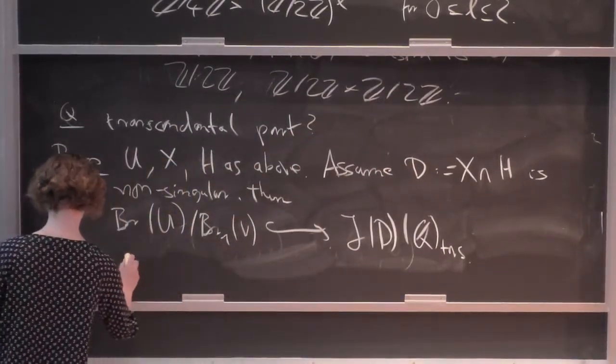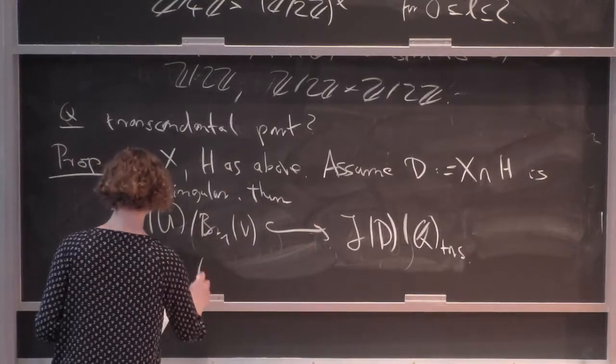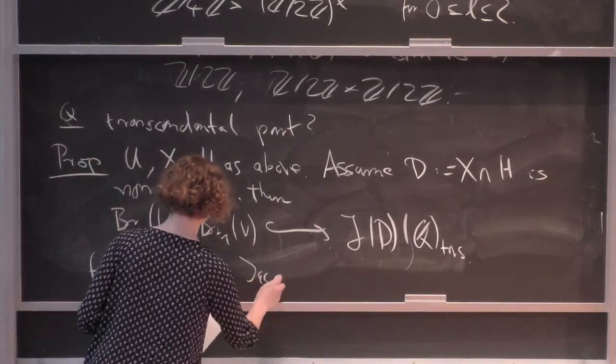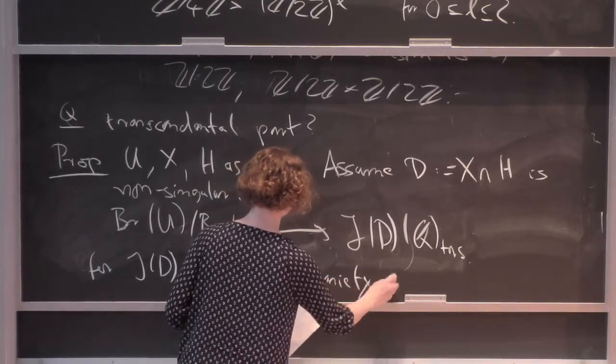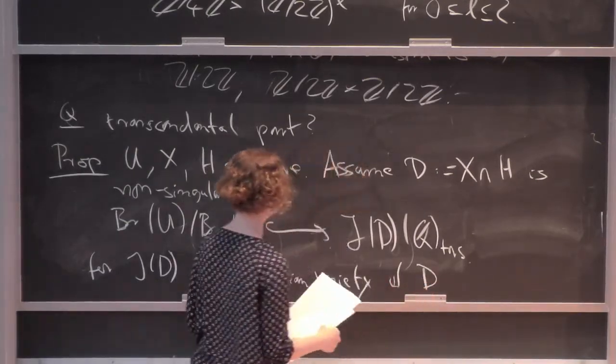So where here J of D is the Jacobian variety of D.